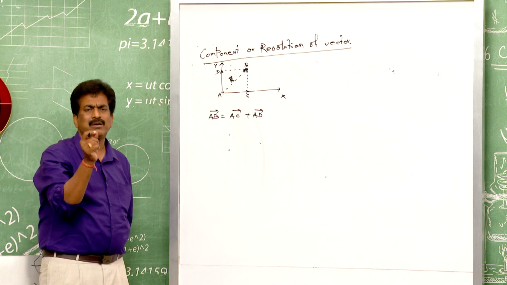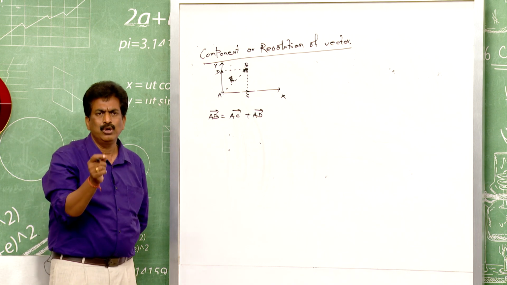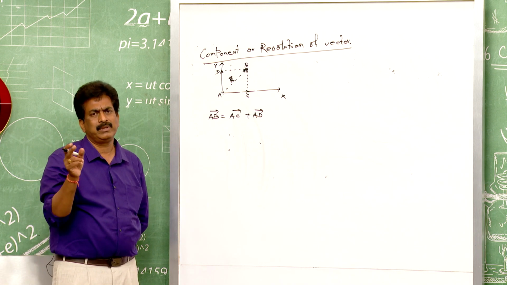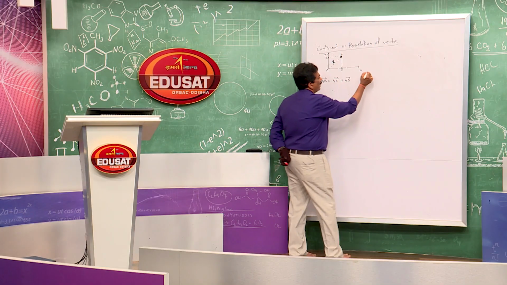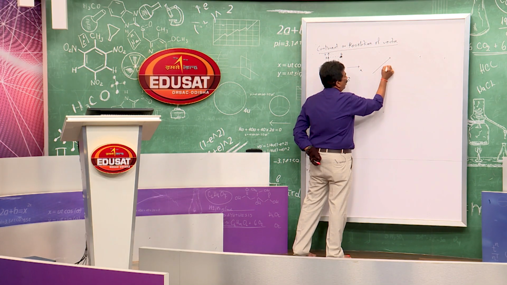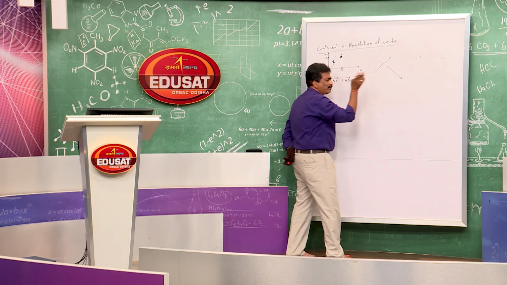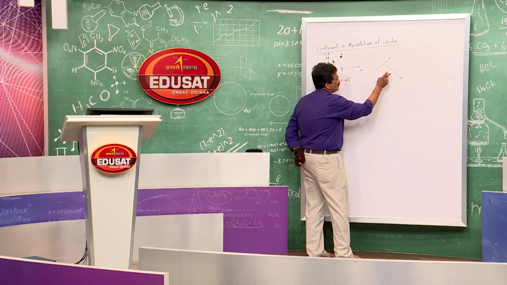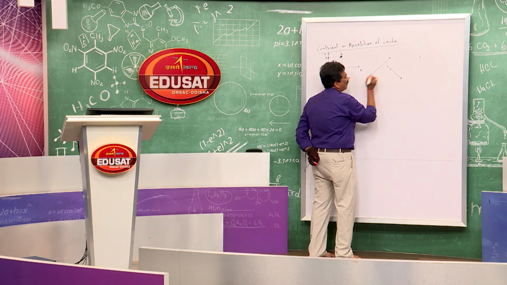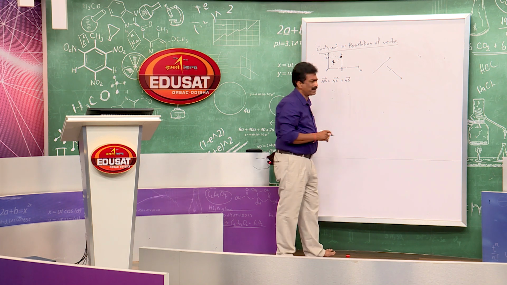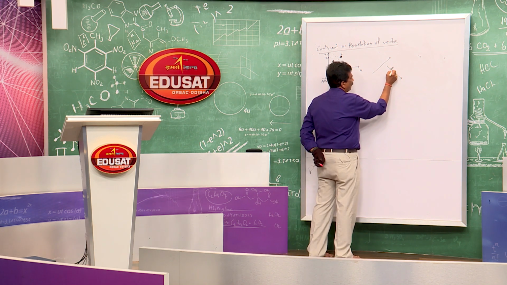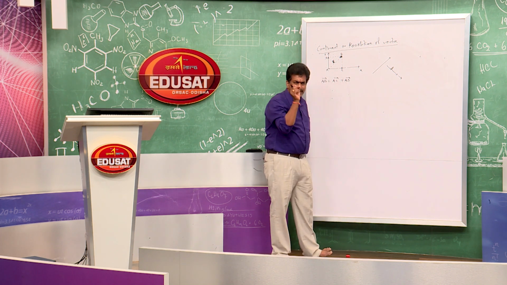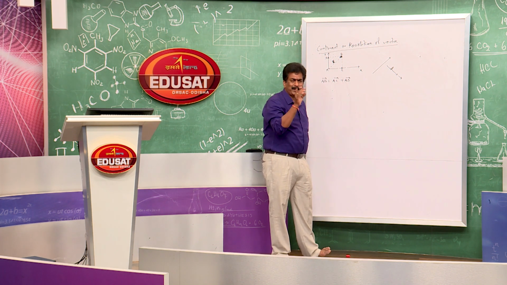A vector is to be split into two or more parts; at least it will be two, meaning if I cut it once it becomes two parts. Similarly, if I cut here, it becomes two parts. So the minimum will be two and the maximum will be as we desire.